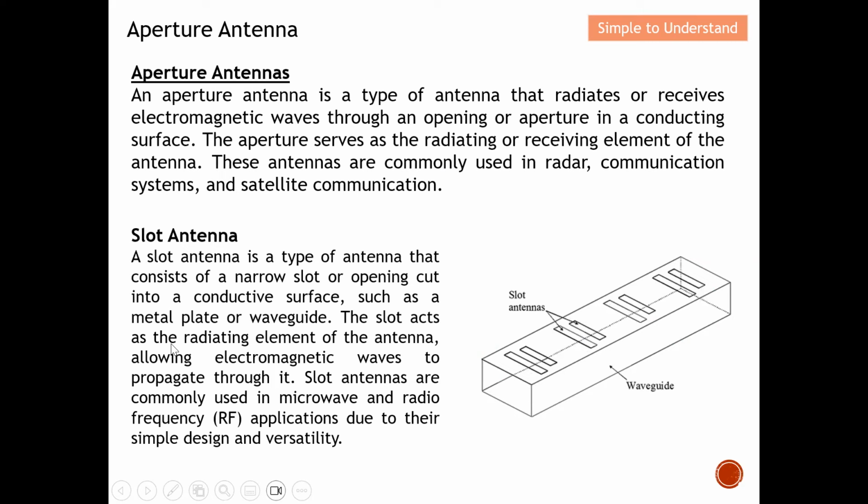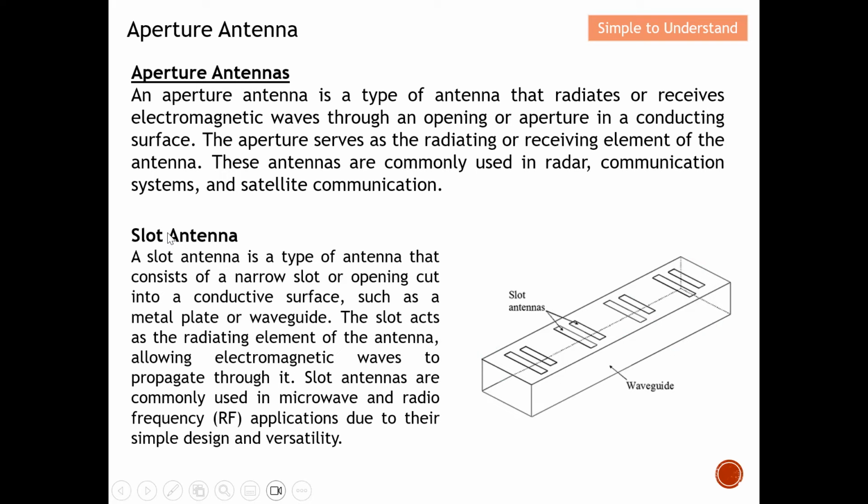The slot acts as the radiating element of the antenna, allowing the electromagnetic wave to propagate through it. Slot antennas are commonly used in RF, which means higher frequency applications, due to the simple design and versatility. So it's actually quite flexible. So this is slot antenna.